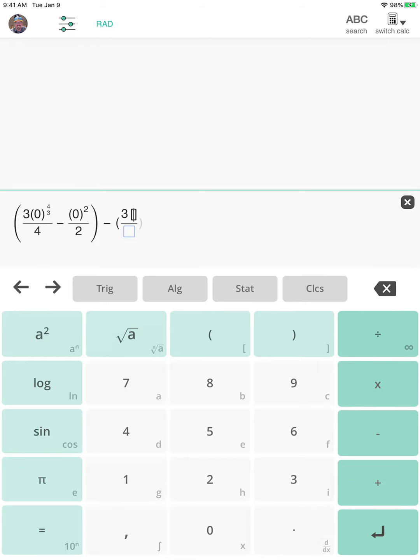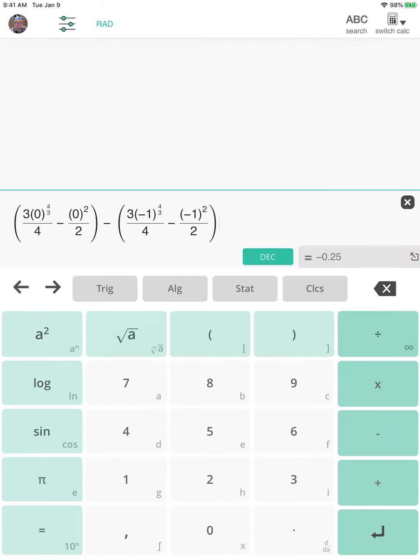So 3 times -1 to the 4 divided by 3 over 4 minus -1 squared over 2.